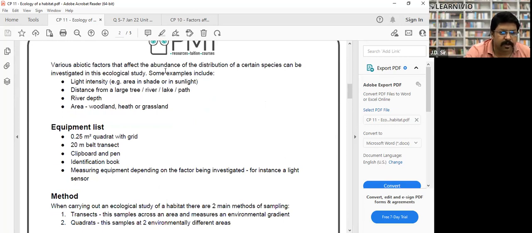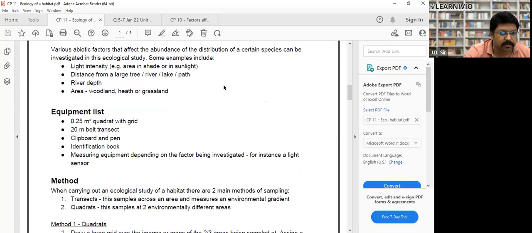Various abiotic factors that affect the abundance and distribution of certain species can be investigated in this ecological study. For example: light intensity, distance from a large stream, river depth.